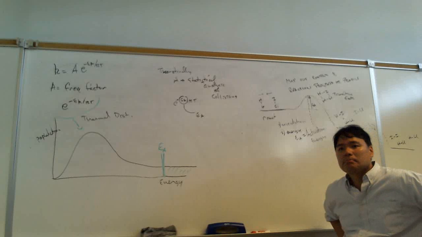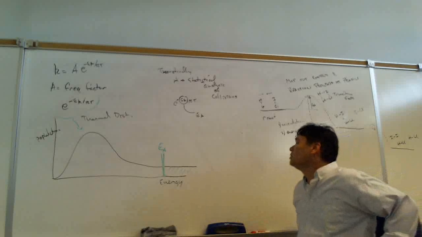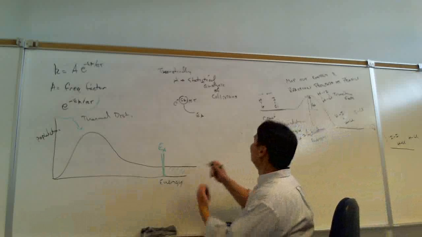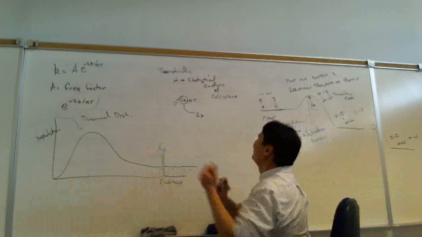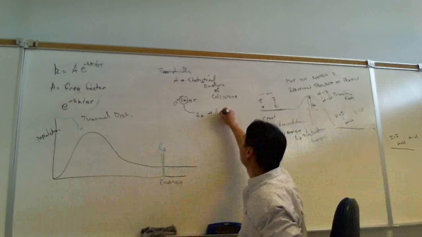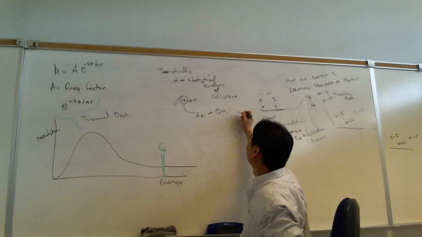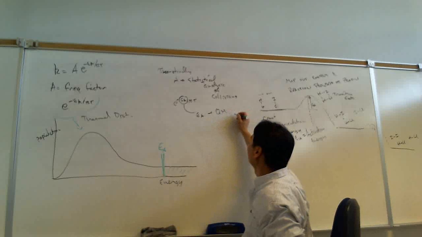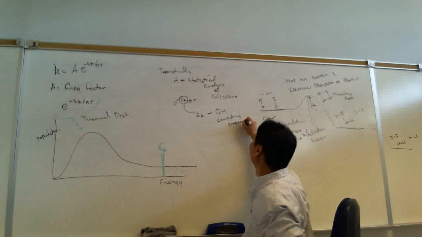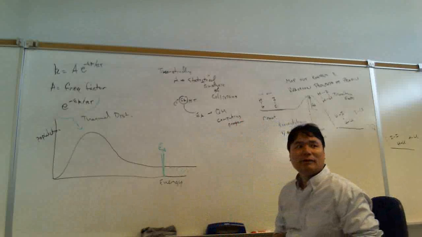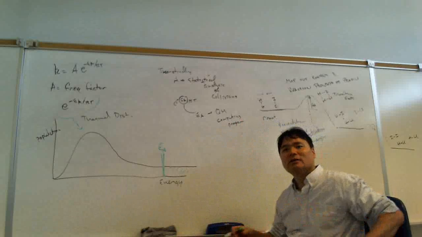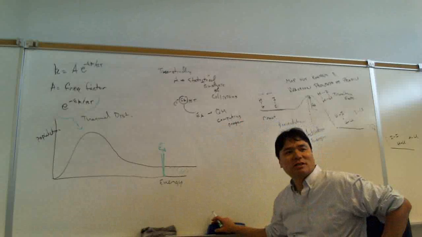And so to determine EA, theoretically, you would use some quantum mechanics computing program. What you do is you model: you build a little model of the transition state and then ask it to calculate what its energy would be.